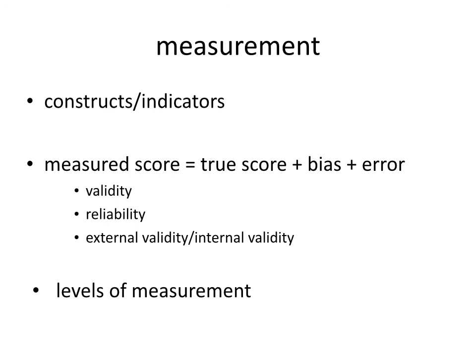And finally, ratio. The highest level of measurement is a ratio scale. A ratio scale has categories that are names and imply an order and have equal intervals and have a meaningful 0 point. A meaningful 0 point means that you can divide scores.